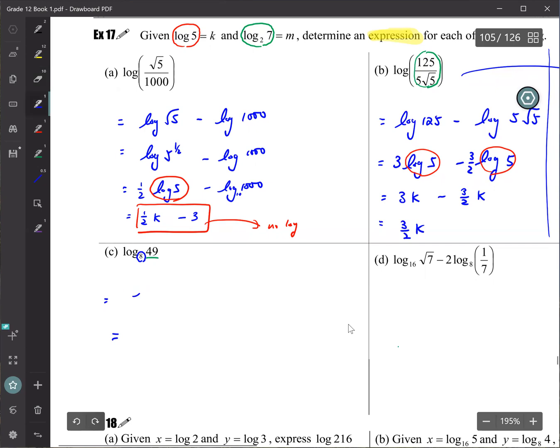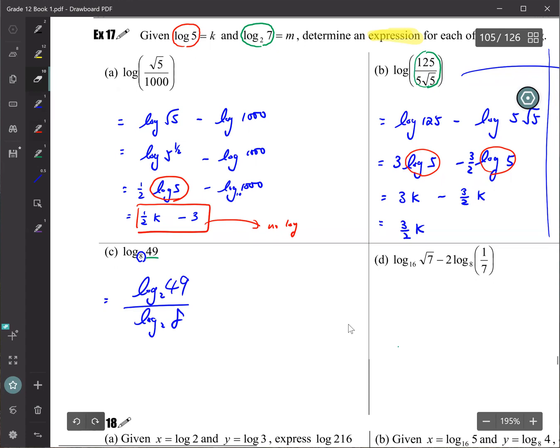Log 2 of 49 over log 2 of 8. Yes, that's it. Okay. Very good.